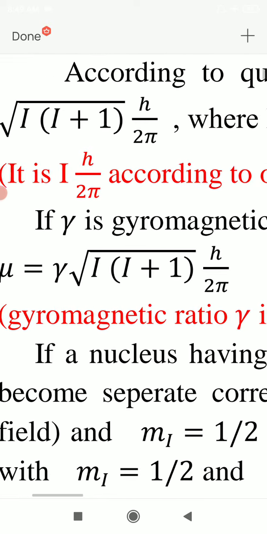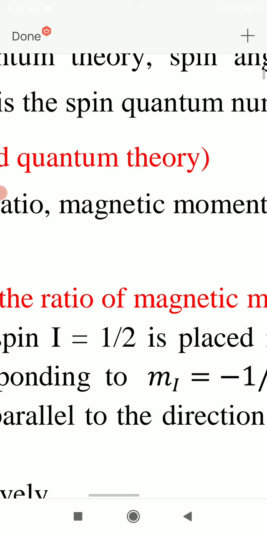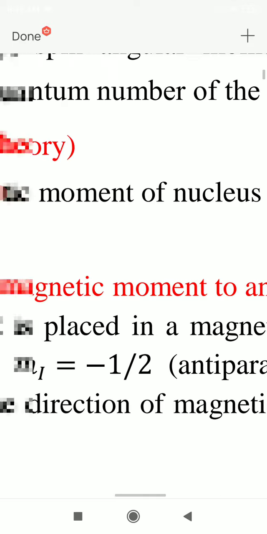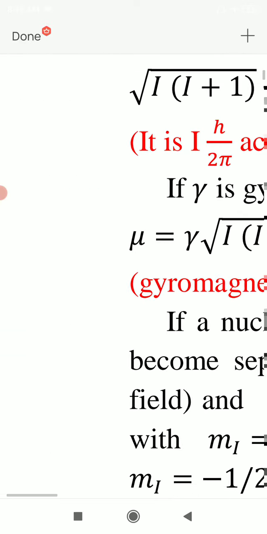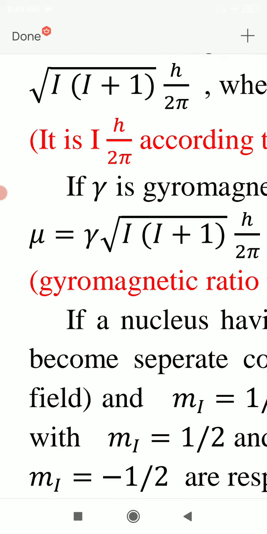If gamma is the gyromagnetic ratio, then the magnetic moment of the nucleus can be written as mu equal to gamma under root I plus 1 h upon 2 pi.